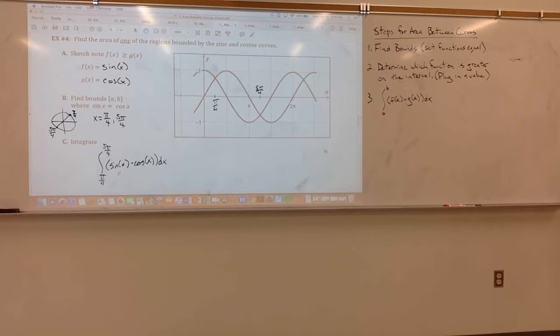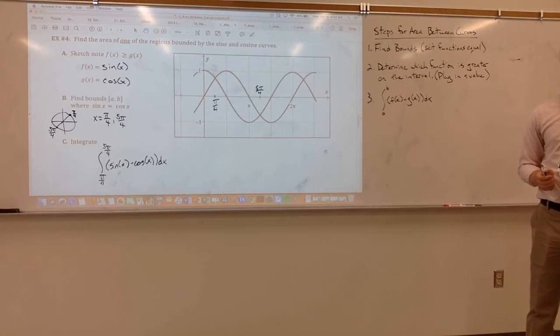Math 9. 8's the derivative, 9's the integral. Are you in degree mode or radian mode? Make sure you're in radian mode.